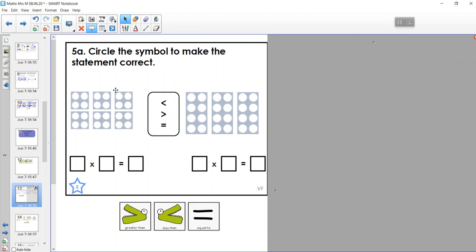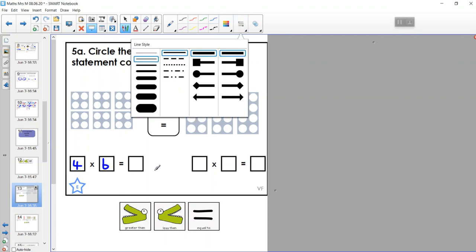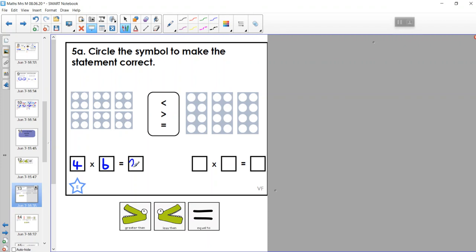So is this amount smaller than, greater than, or equal to this amount? Before we do anything, let's put the calculations in to help us. I've got 4, 6 times. 6 times 4 is 24.